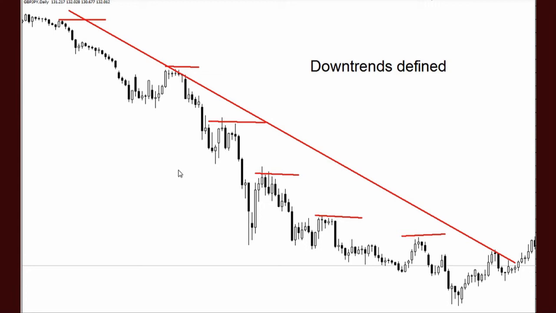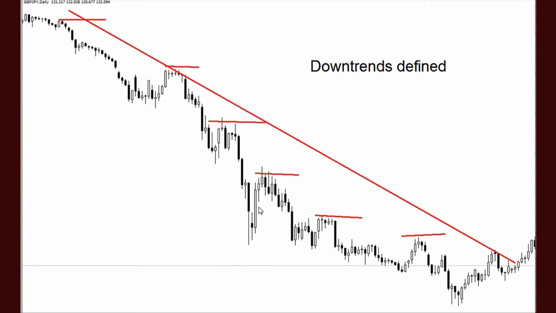How this becomes helpful to us is once we know we are in a downtrend, we can use this to our advantage as a trader by anticipating the pullbacks and being prepared to trade back in the direction of the original trend after the pullback. And as we know from our price action lesson, one of the things we would look for would be an instant reversal candle like this one in the direction of the overall trend.